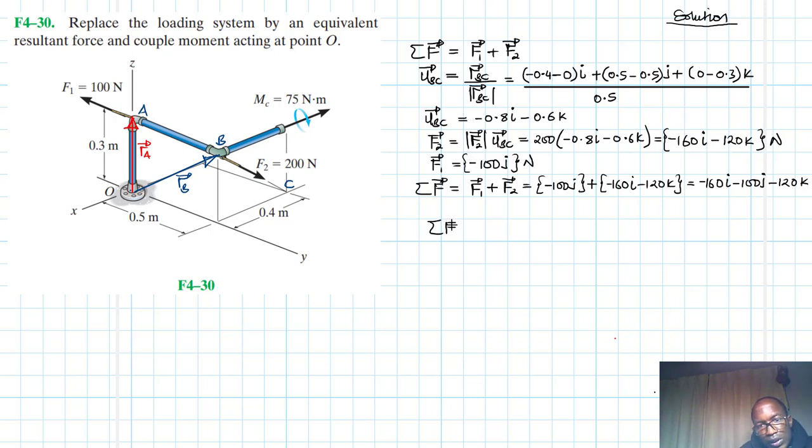So this is our resultant force, which is equal to minus 160 I minus 100j minus 120k.